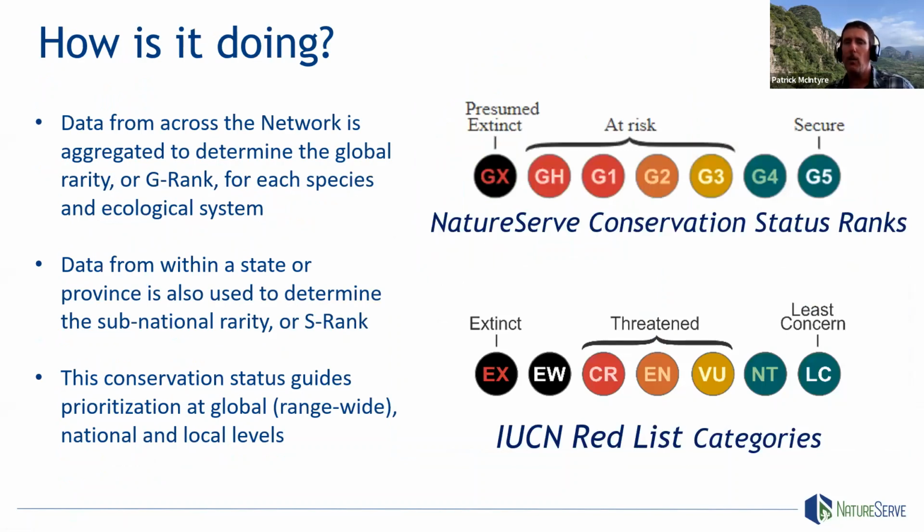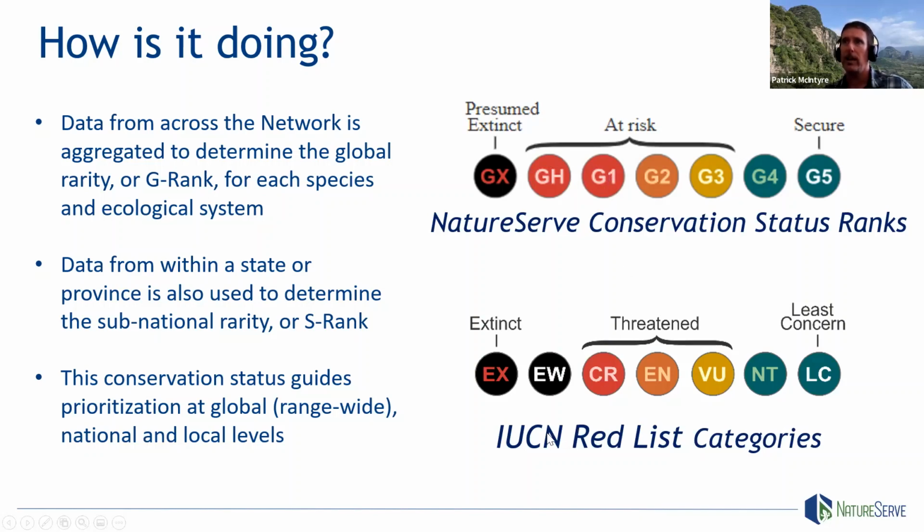And one of the ways that I think NatureServe is most encountered by people who might not be familiar with it is through our conservation status ranks. So across the network, we have conservation status ranks that indicate how at risk a species is, from widespread and secure, which we call a G5, to presumed extinct in the wild, or at extensive risk.